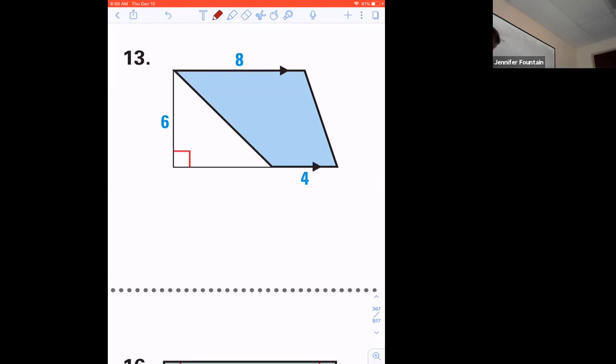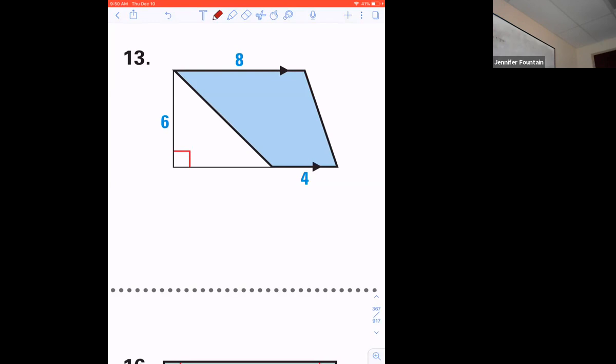The height. They could have put a little dotted line to show us height inside the figure, but they were just showing us the height outside. My height is always going to have that right angle because it's the perpendicular.